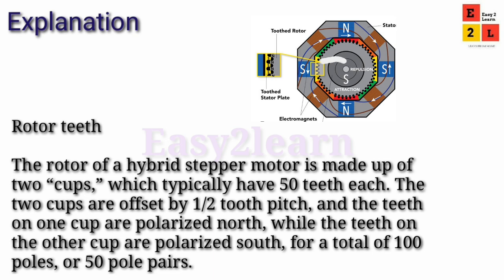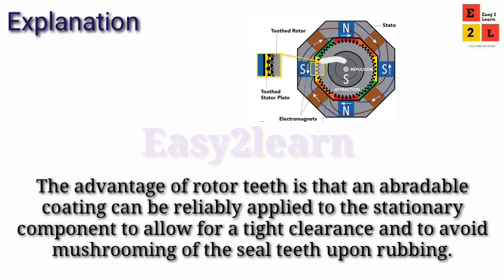The 2 cups are offset by 1/2 tooth pitch, and the teeth on one cup are polarized north, while the teeth on the other cup are polarized south, for a total of 100 poles, or 50 pole pairs. The advantage of rotor teeth is that an abradable coating can be reliably applied to the stationary component to allow for a tight clearance and to avoid mushrooming of the seal teeth upon rubbing.